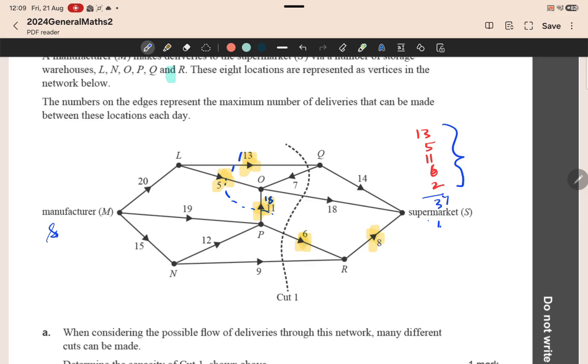Now you don't have to take 6, okay, you could just take 8, and that would be your minimum cut, maximum capacity. So this method actually helps you not only to calculate maximum capacity, but also identify the position of the minimum cut.